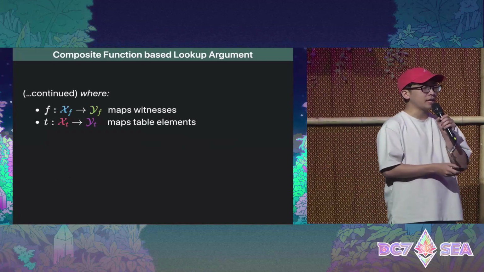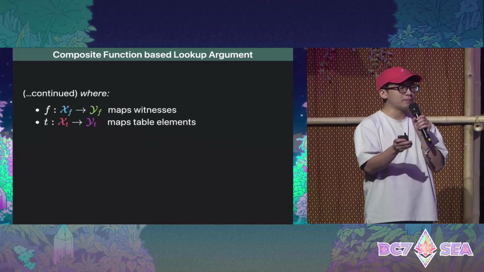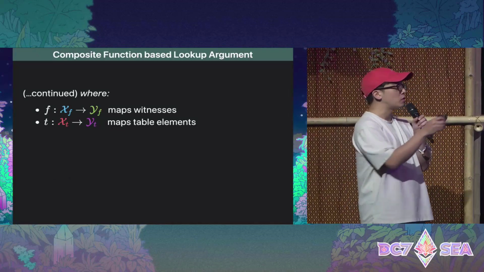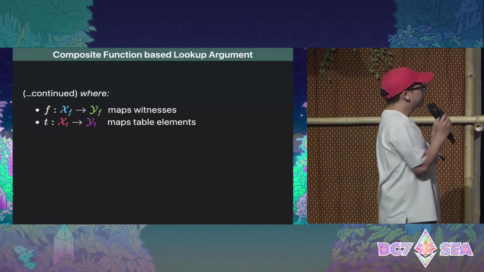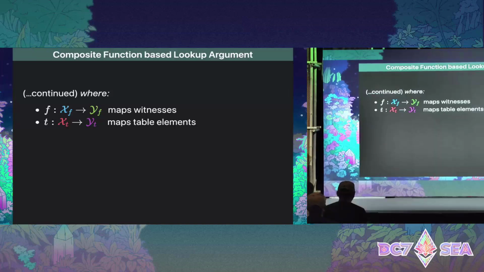To be precise, f is a function that maps all the witnesses, defined on a domain xf with range yf, and t is a function that maps table elements, defined on a domain xt with range yt.